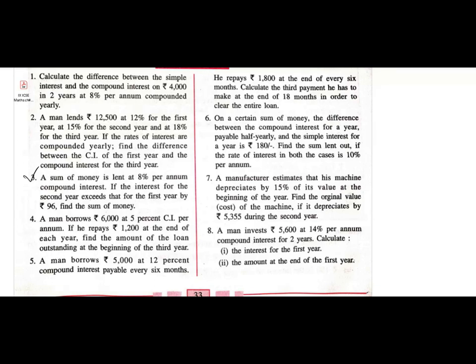A sum of money is lent at 8% per annum compound interest. If the interest for the second year exceeds that for the first year by rupees 96, find the sum of money. That is I2 minus I1 is 96. We have to find the principal and the rate is 8%. Right?